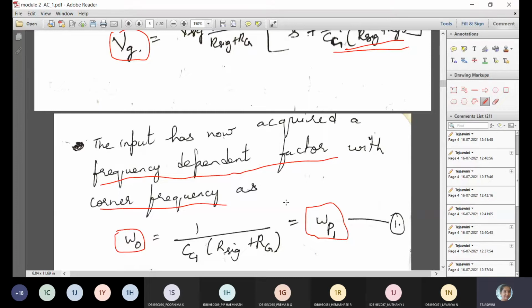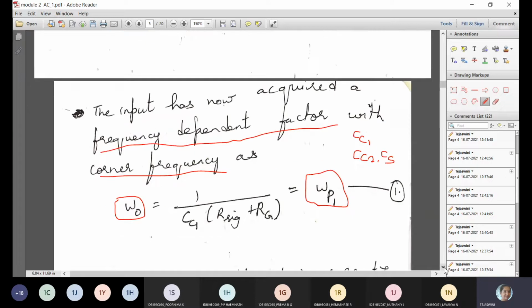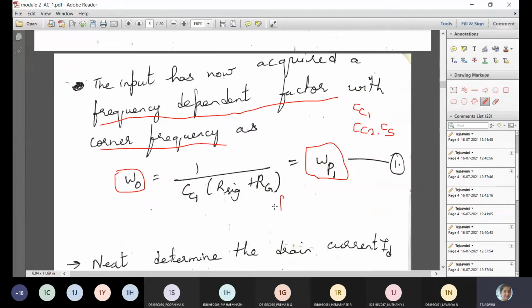Here you are going to get three corner frequencies, due to the capacitors CC1, CC2 and one more capacitor CS. That's why three corner frequencies: omega P1, omega P2, omega P3. Shall I continue now? Yes, ma'am. From this, what is FP1? What is the expression for omega P?